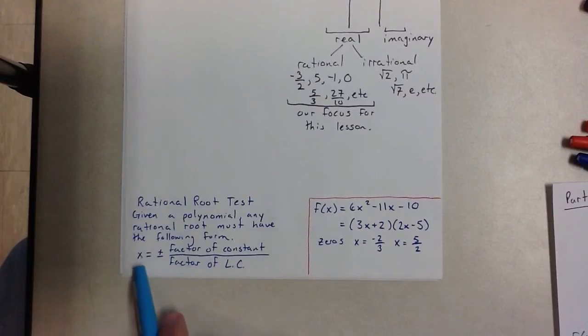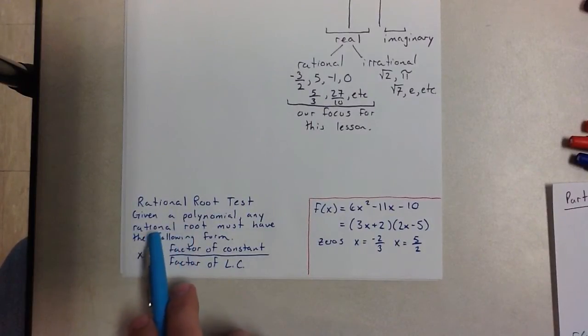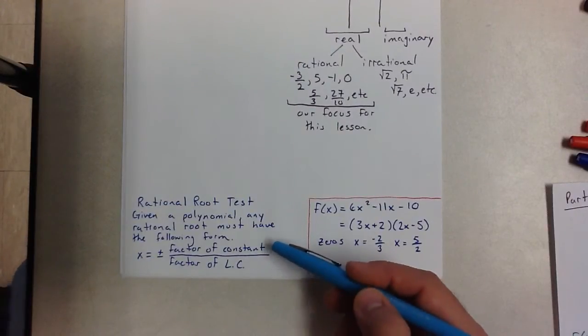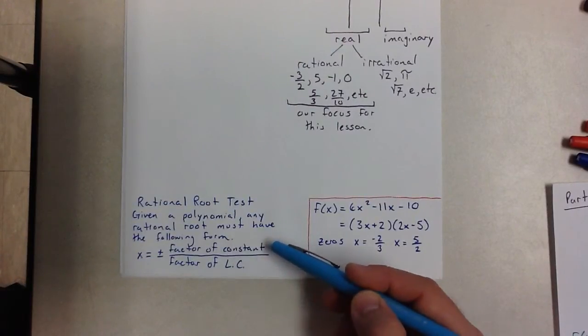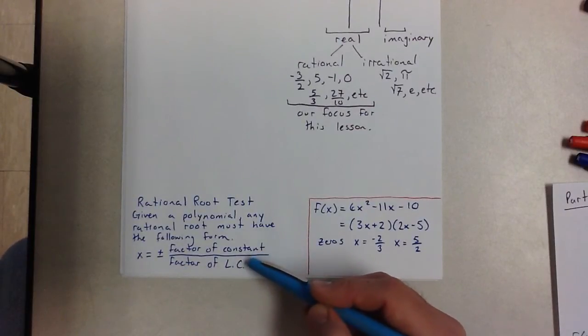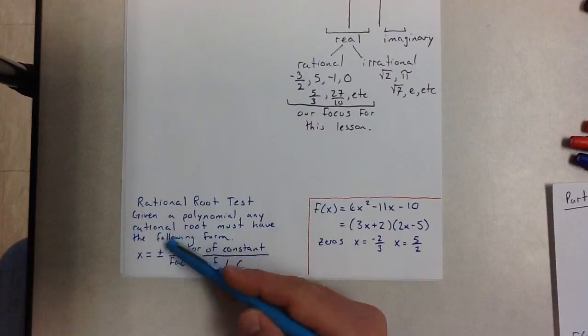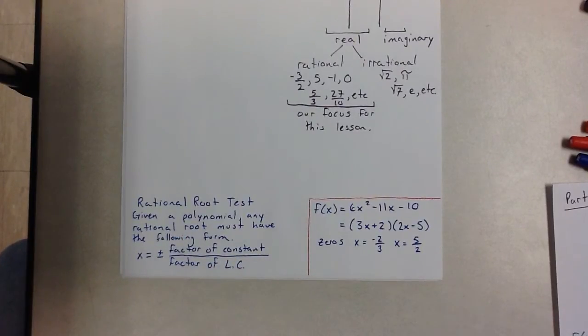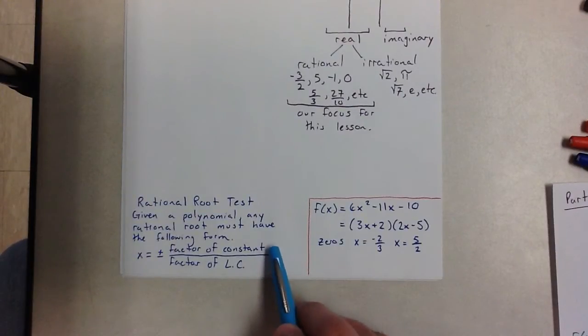So we see that any root that is rational is a fraction where our numerator is a factor of the constant term divided by a factor of the leading coefficient. And again, possibilities have positive, negative. So this is what every rational root of a function must be made up of.